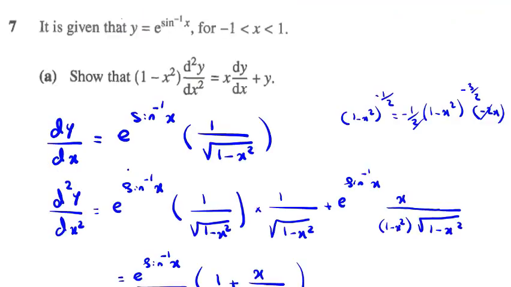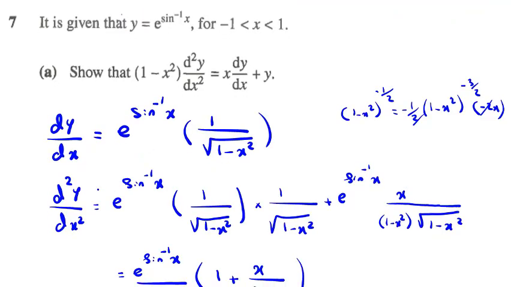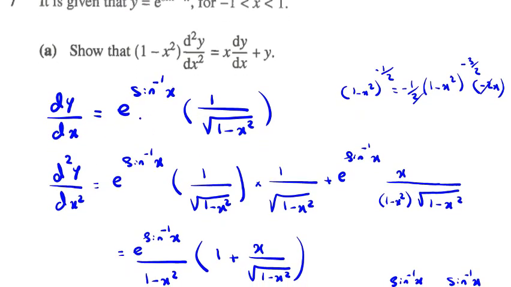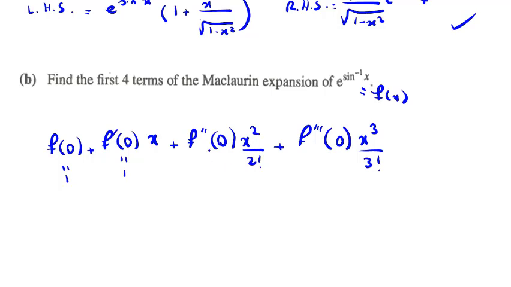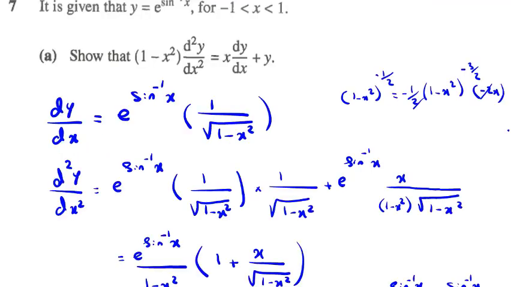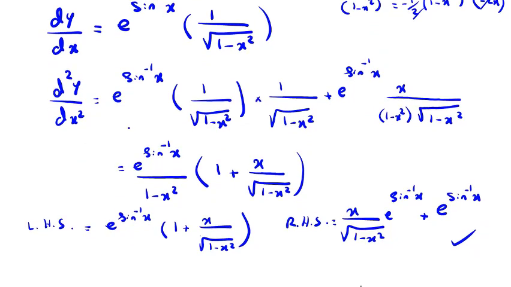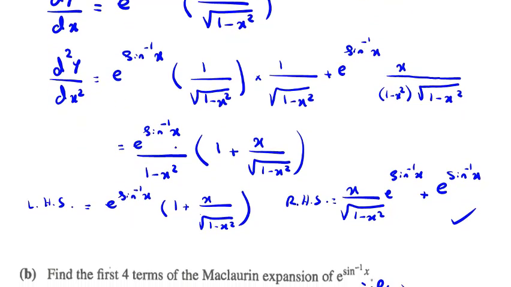And f prime 0 is what? f prime 0 is dy over dx. Replace x with 0, it is 1. So again, it is 1. And for this one, d2y over dx2, it is this. If we replace x with 0, it will be 1 times 1 plus 0 over 1, so again it will be 1.